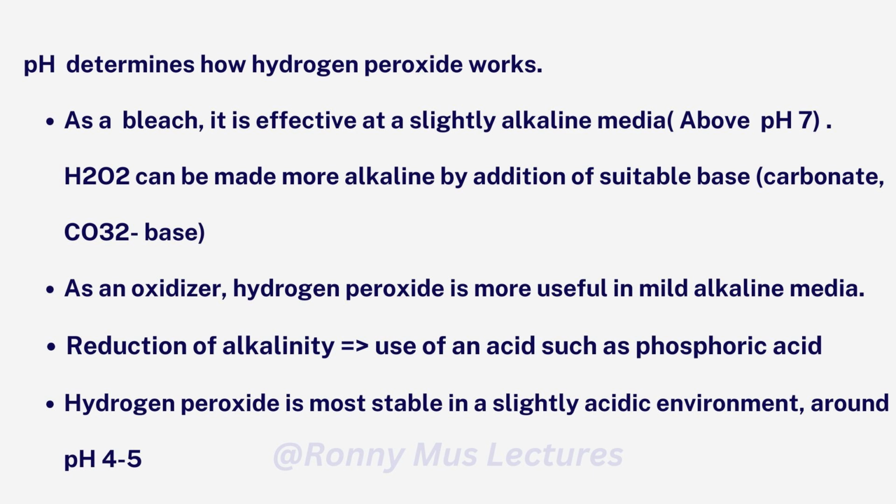As an oxidizer, hydrogen peroxide is more useful again in mild alkaline media. If you want to reduce the alkalinity, then you can add an acid such as phosphoric acid. And for stability, hydrogen peroxide is more stable in a slightly acidic environment, that is around pH 4 to 5.